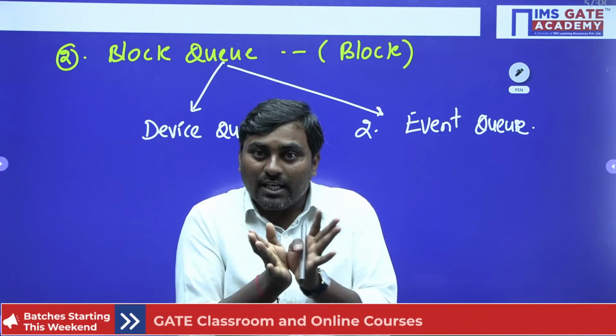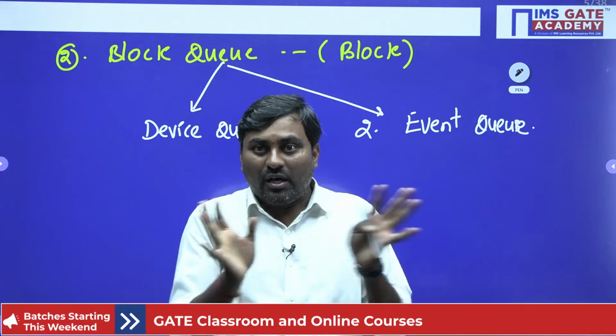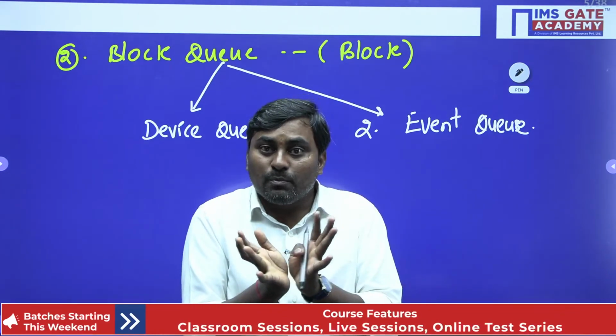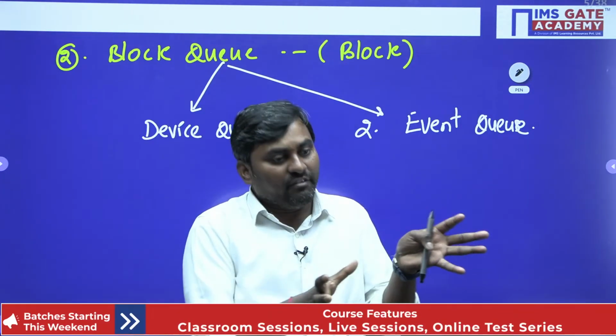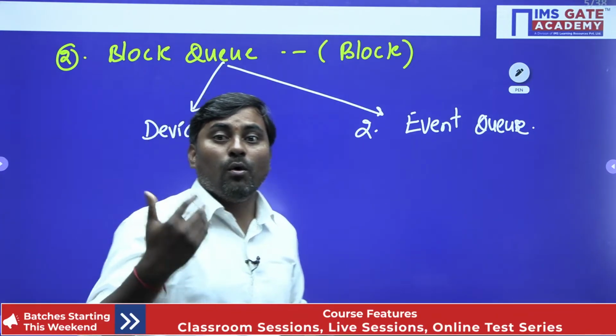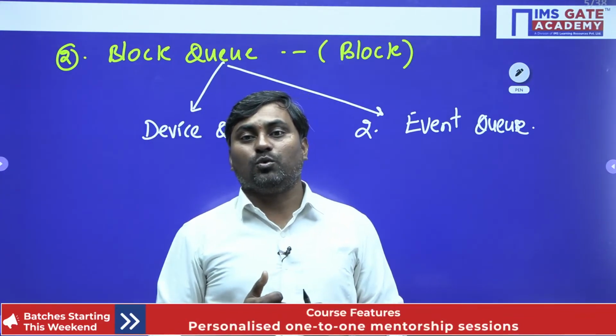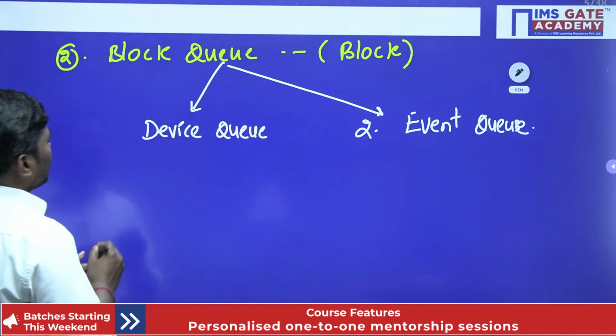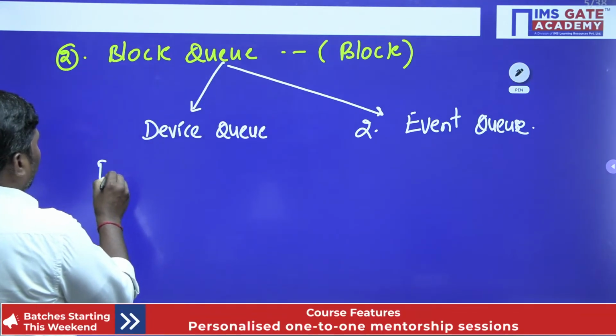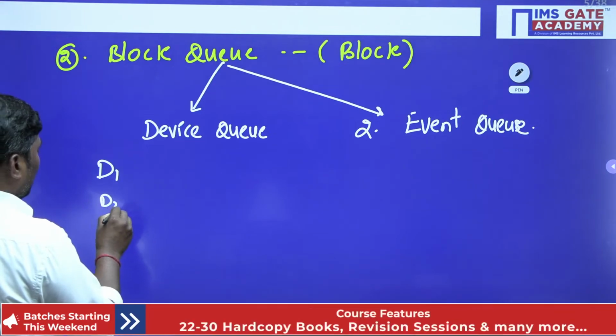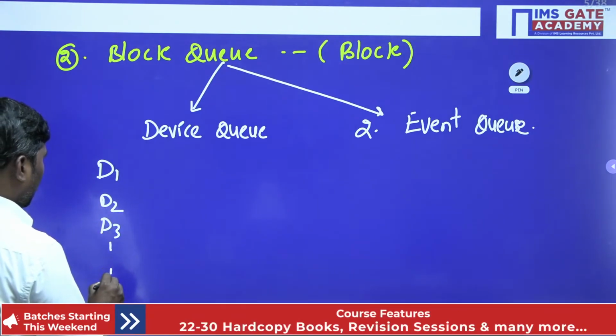That is the reason we are splitting again. The block state is implemented by the block queue, but it is split into two things: device-related things and event-related things. Sir, what is the purpose of the device queue? Please understand. There are many devices, device 1, device 2, device 3, let's say n devices.